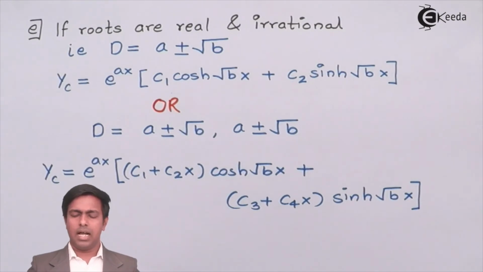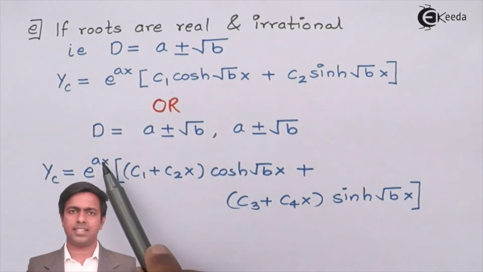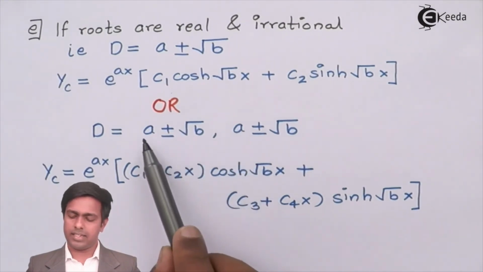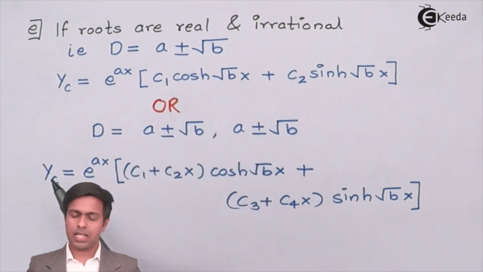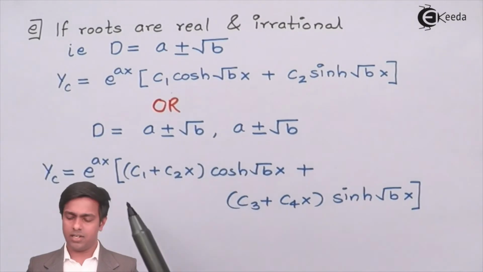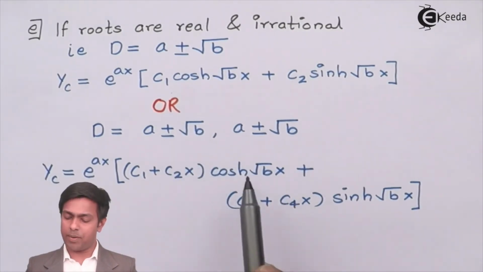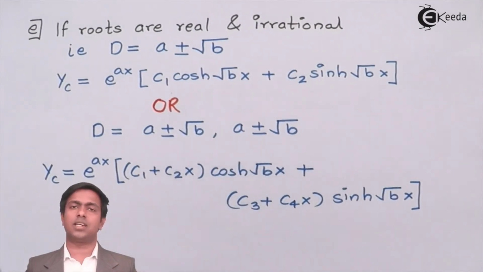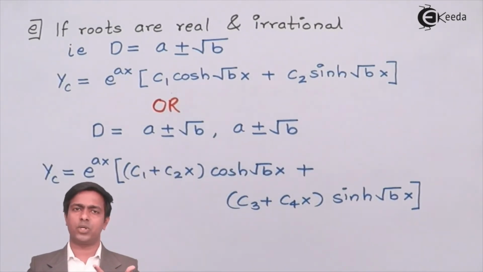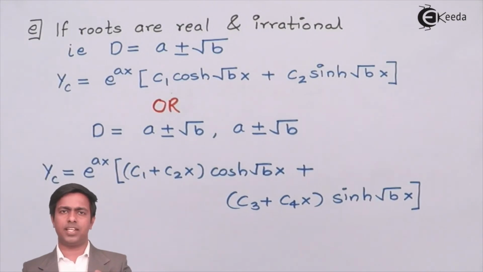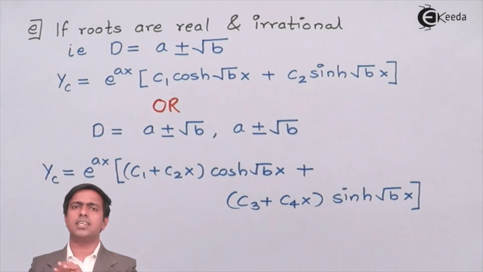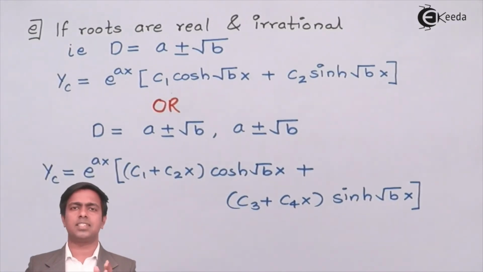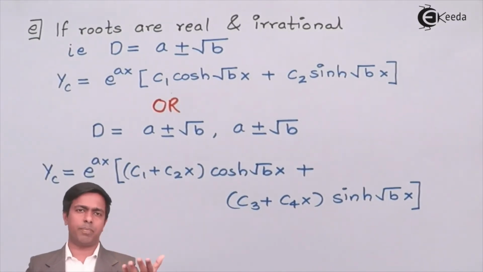So answer is e to the power ax, that constant a, and that irrational constant which will be inside with hyperbolic cos and hyperbolic sine. But since this root is repeating twice, we will be taking 2 terms, that is c1 plus c2x, and with this we'll write c3 plus c4x as we have done in the previous method.